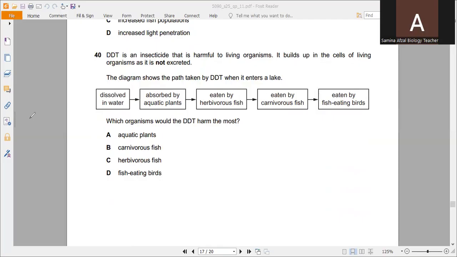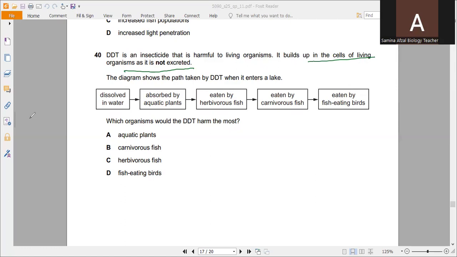The diagram shows the path taken by DDT when it enters a lake: dissolved in water, absorbed by aquatic plants, eaten by herbivorous fish, eaten by carnivorous fish, eaten by fish-eating birds. Which organism would the DDT harm the most?